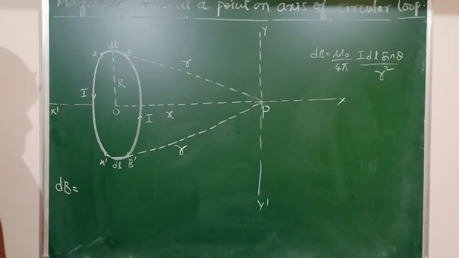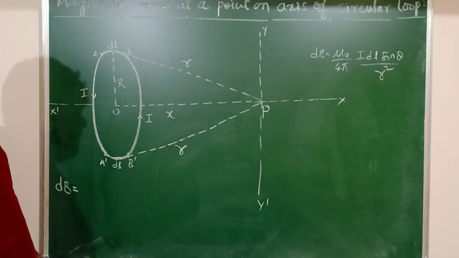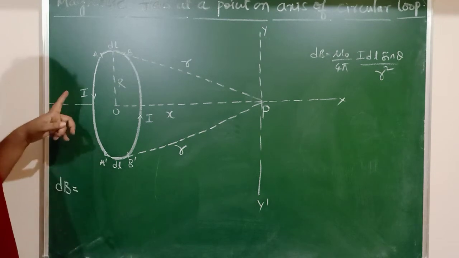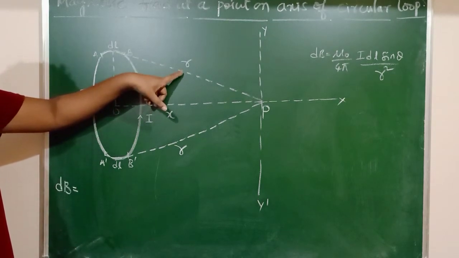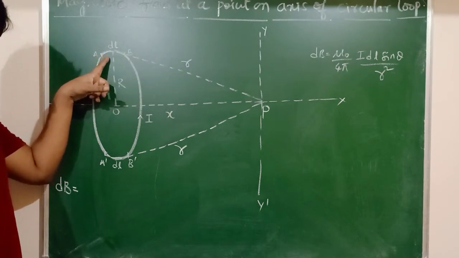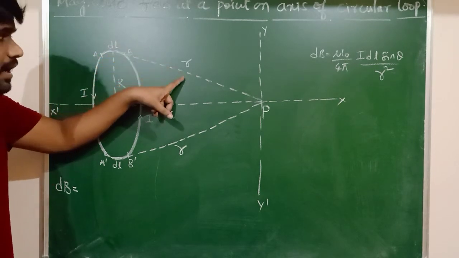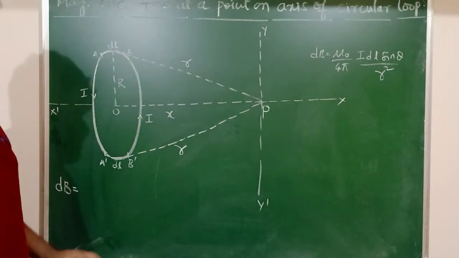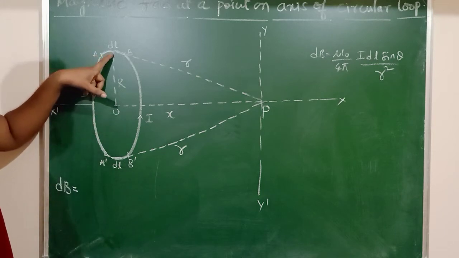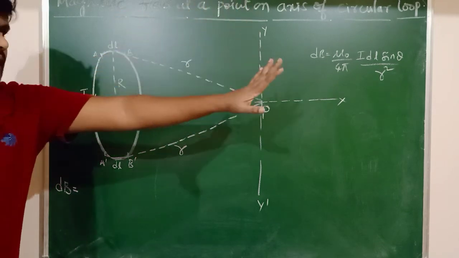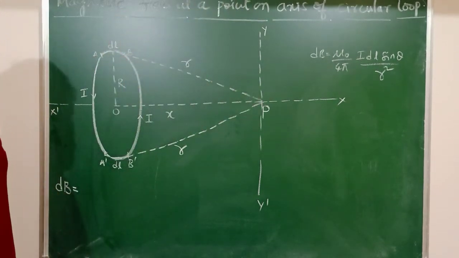What is theta here? Very important, concentrate here. Theta is the angle made by the displacement vector R with dl. The angle between dl and r we call theta. The direction of the dl and the direction of the r make an angle theta, and that theta I want to determine.